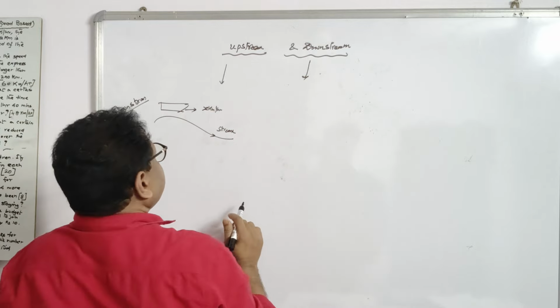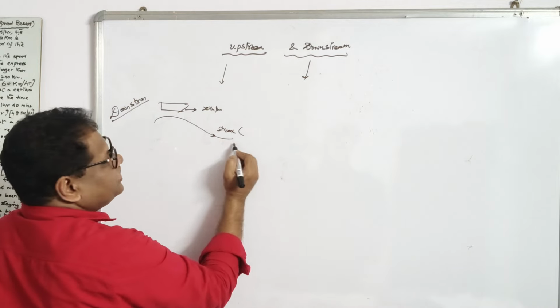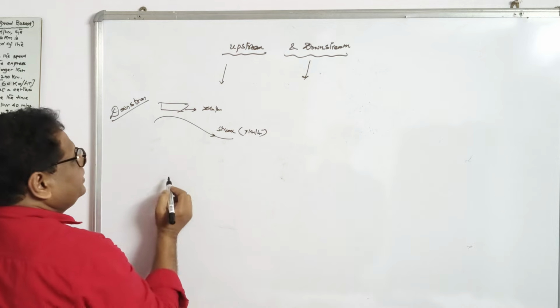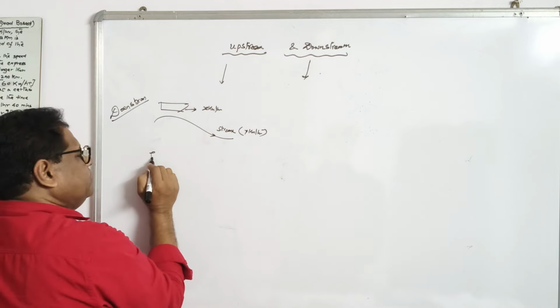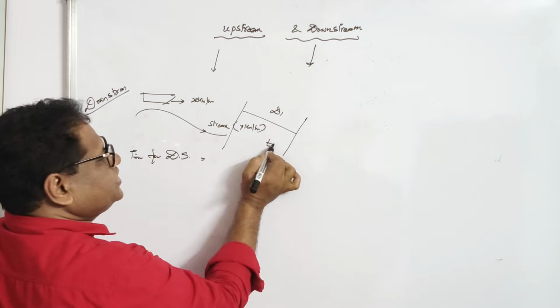Clear? So in this condition, if you take the speed of the stream to be y km per hour, then the equation will become: time for downstream, that is ds, equals distance. Suppose with this speed it is traveling a distance d1, for which the time taken is t1.